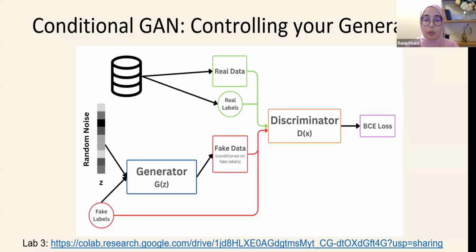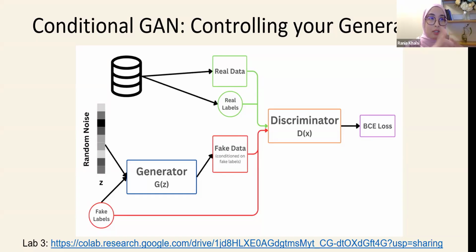The way it's going to work for lab 3 is that we convert the label into one hot vectors. We concatenate the label with the noise for the generator, and we also concatenate the label as an additional channel to the image for the discriminator. Okay, so this is mainly the idea.